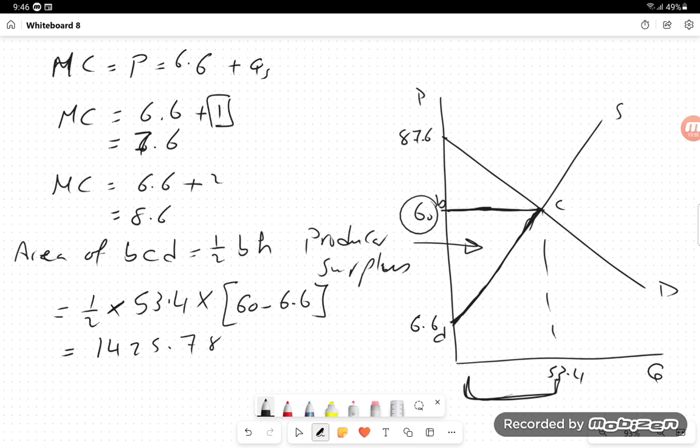The summation of consumer and producer surplus is the area of triangle ACD. So area of triangle ACD is the summation of producer and consumer surplus together. And this is known as total net benefit or social welfare.